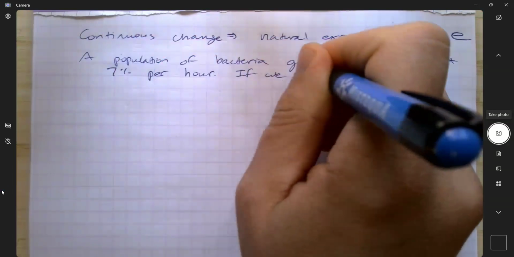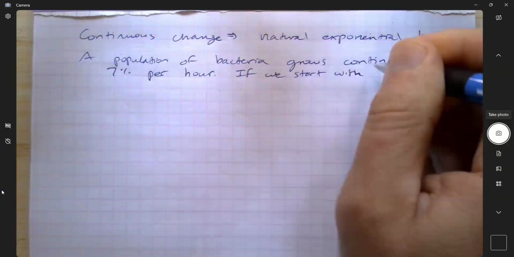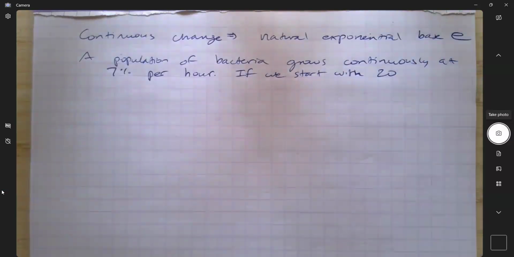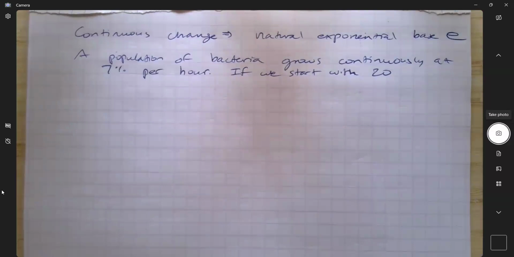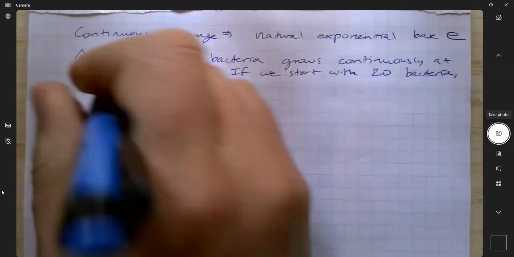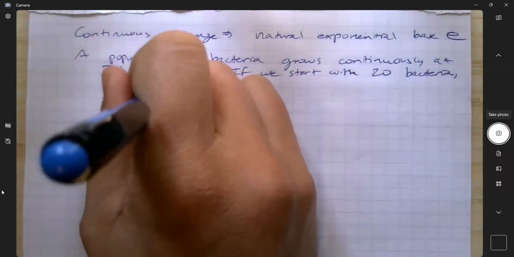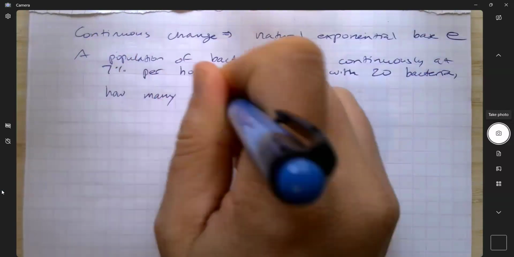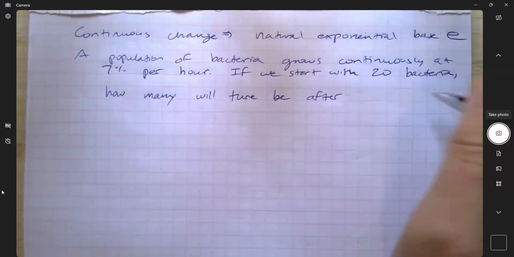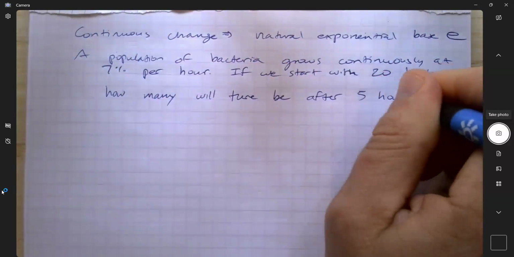If we start with 20,000, I'm going to use 20 because I don't want to carry big numbers, but if you ever find just 20 bacteria, that's kind of crazy. If we start with 20 bacteria, how many will there be after, let's say, 5 hours?